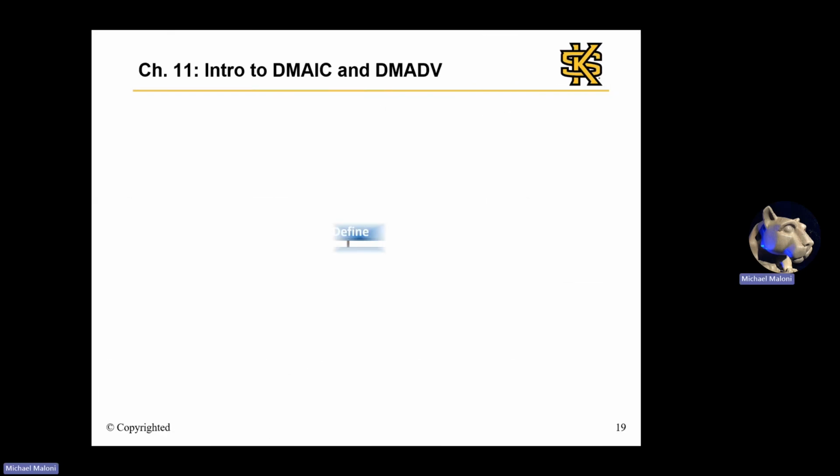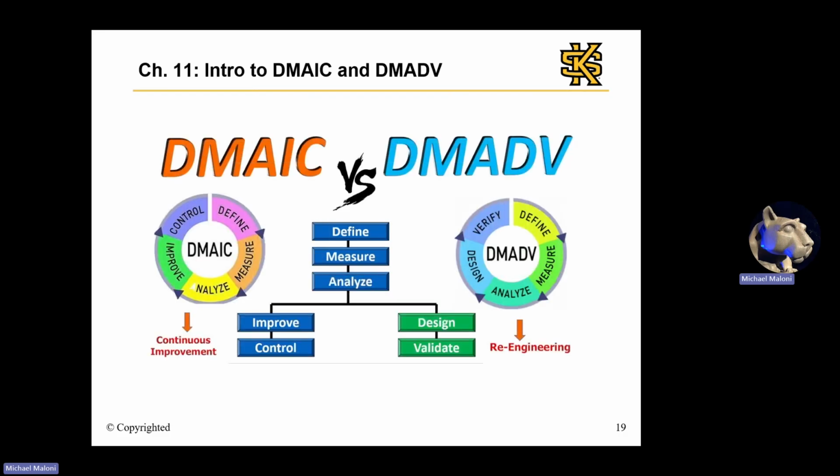Again, the difference between DMAIC and DMADV is the last two steps, given the different focuses. DMAIC is about continuous improvement of existing processes, and DMADV is about engineering new processes.